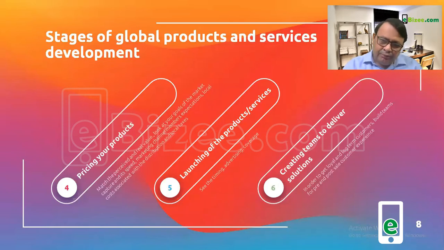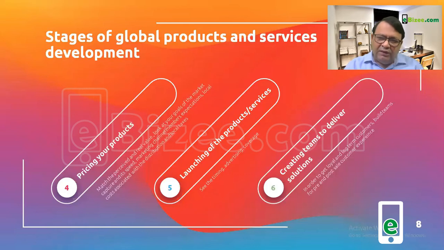And then the sixth step is your ability to create teams to deliver the solutions which have been thought out by you. Depending on what your product strategy is, what solutions you are offering, how you are offering, and what is the scope of those customer solutions, and what is the role of your domestic team, and what is the role of the local teams.